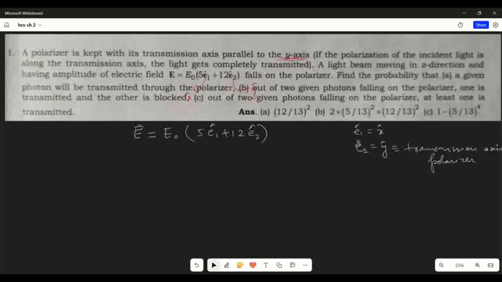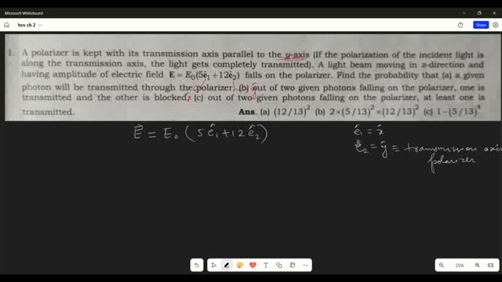Any vibration parallel to the axis of the polarizer will transmit through the polarizer, and any electric field which is vibrating along the x direction or z direction will not transmit through the polarizer.